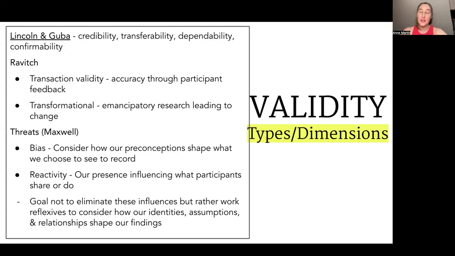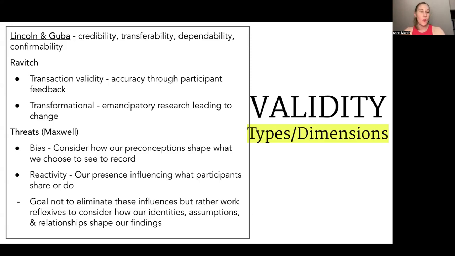Maxwell also talks about some threats to validity, which I think is, again, very analogous to quantitative research. However, I think that this is a way that many people are familiar of. And even though I think that the language of it is oftentimes out of the scope of many of the qualitative paradigms, I do think that the ideas are helpful.